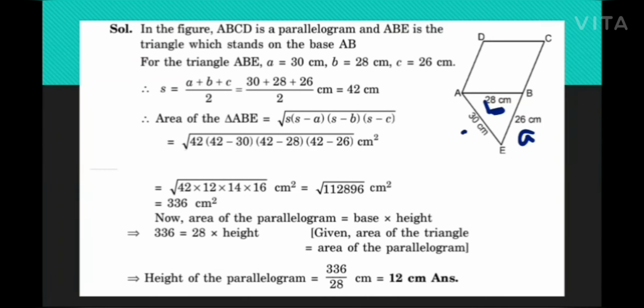This is the diagram. It is a rhombus, so each side is 30 meter long and the longer diagonal is 48 meter.